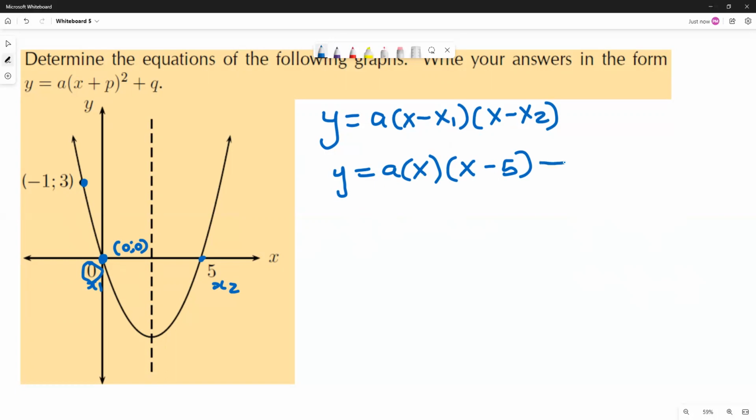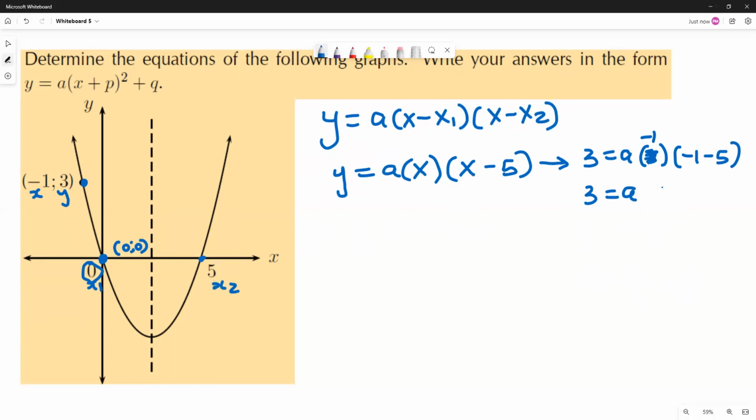And then you're now going to sub in a point. This is your x, that's your y. So my y is 3 equals a times x, and then you have -1 minus 5, so 3 equals, oh, here it's -1, sorry about that.